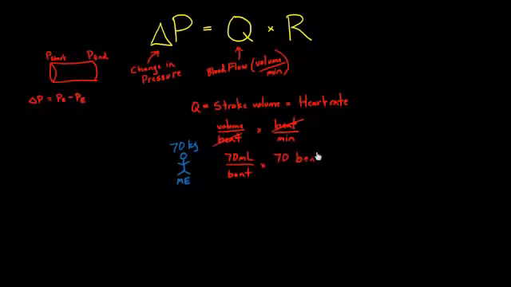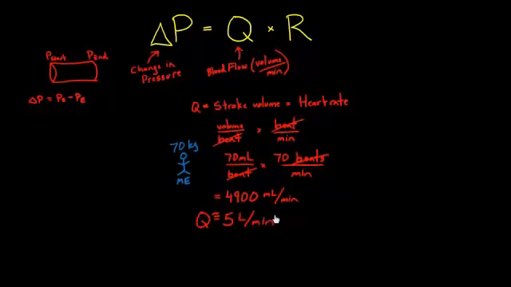I feel pretty calm, and so it's not too fast. So the beats cancel, as we said, and I'm left with 70 milliliters times 70 per minute. So that's about 4,900 milliliters per minute. Or if I were to simplify, that's about 5. So the flow is about 5 liters per minute.